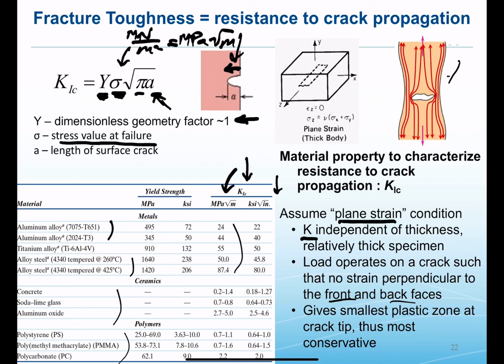So as we see in our diagram earlier, we are not applying load on the front or back of the crack, but rather focused on the tips where small plastic deformation occurs. And so there we have small plastic zones at the crack tip where most of the deformation occurs. So those are the conditions inferred by using this K1C equation here, which again is calculating fracture toughness, which is the resistance to crack propagation.